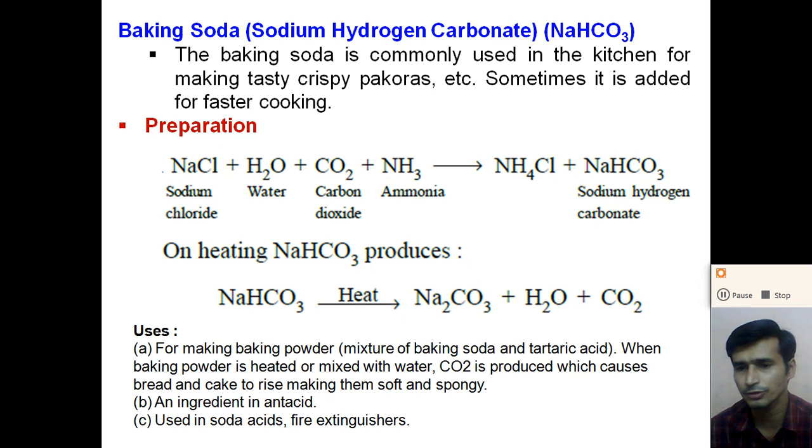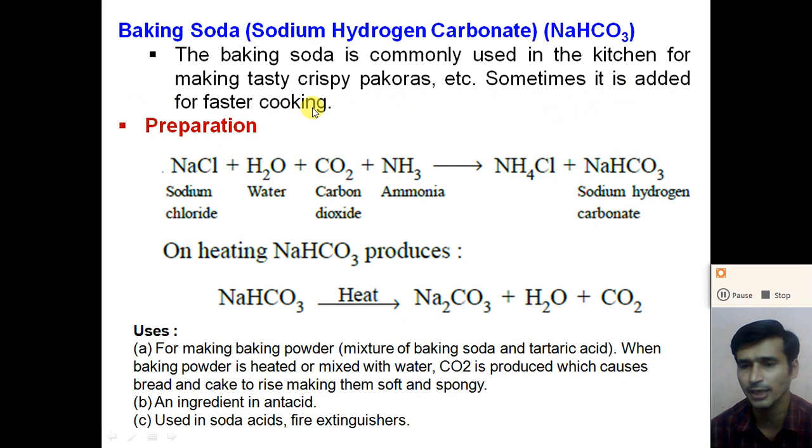Before the preparation, baking soda is commonly used in our kitchen for making tasty, crispy pakoras. Sometimes it is added for faster cooking.